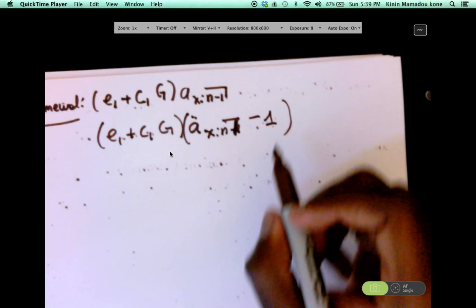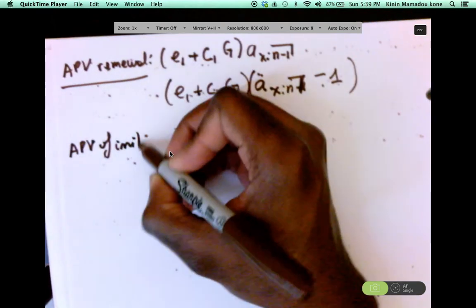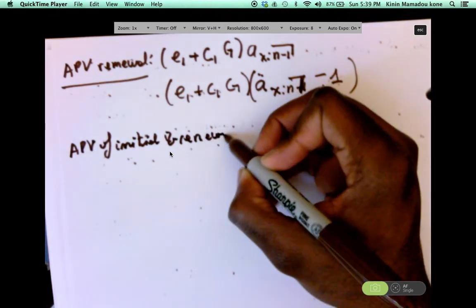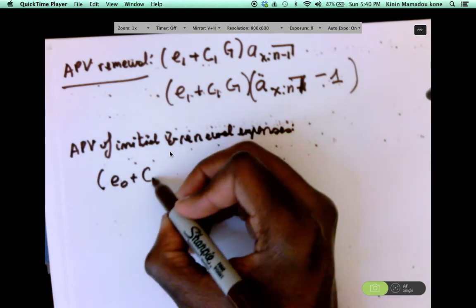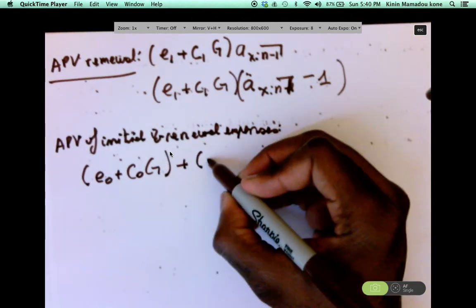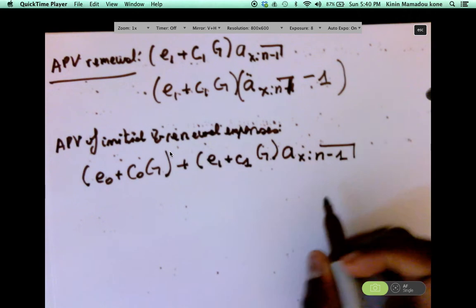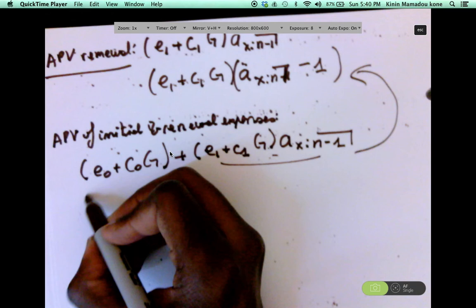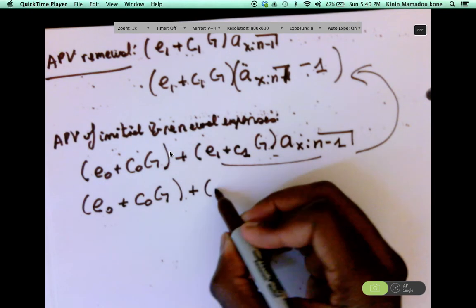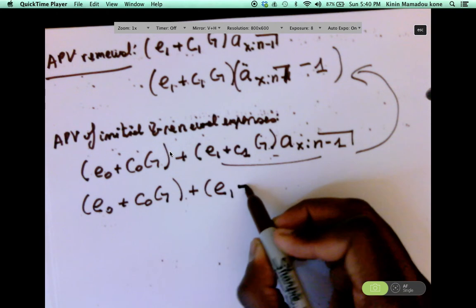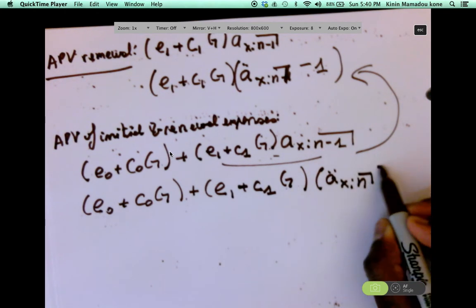So the APV of initial and renewal expenses is going to be E0 plus C0 G plus the actual present value of renewals, E1 plus C1 G times a-double-dot x n minus 1.